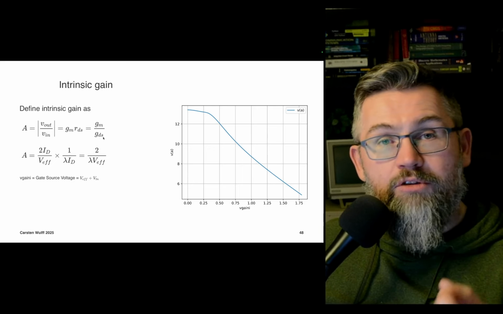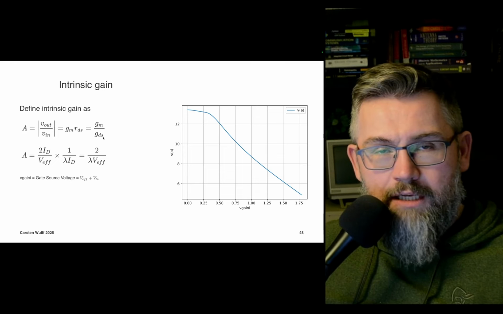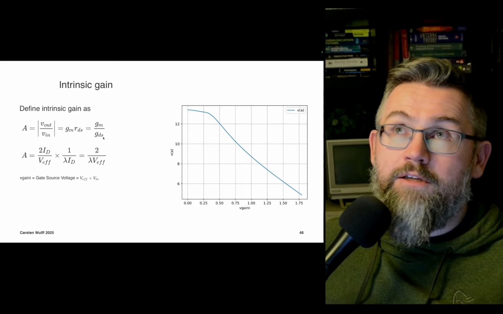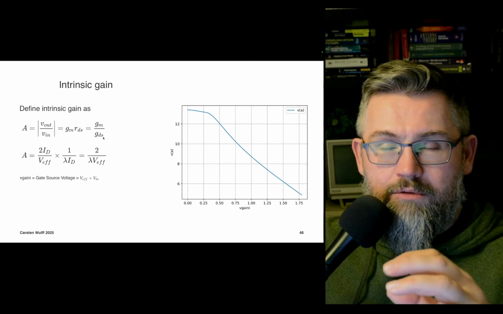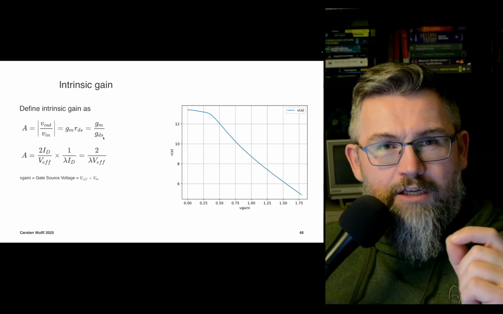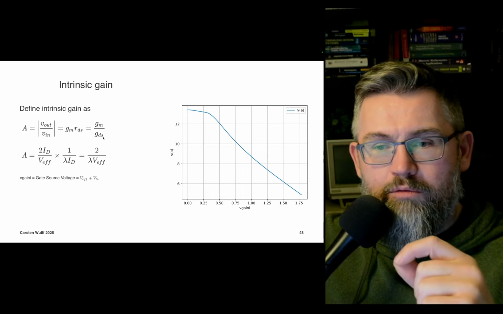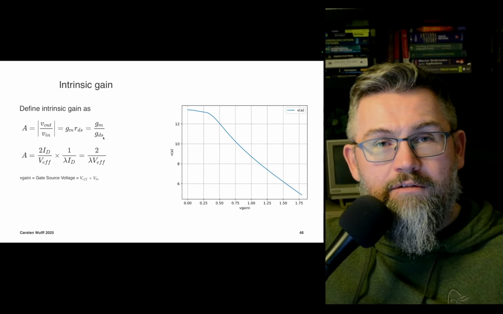Now, maybe I should mention that conductance is simply the inverse of a resistance. It's how much current flows between 2 nodes given a voltage. Or the current is given by the conductance times the voltage between 2 nodes. Transconductance, however, is slightly different, because that's the current between 2 nodes depending on a voltage somewhere else.